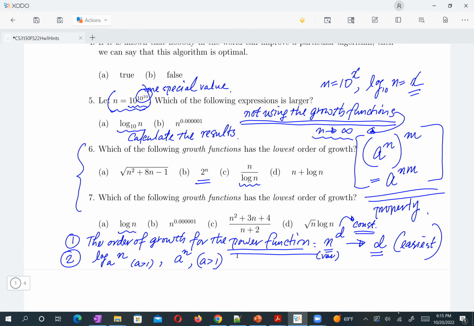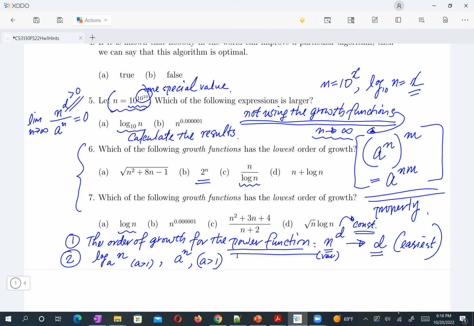Now, what are those two? One is the limit as n goes to infinity of n to the dth power over a to the n. Its limit is 0 for any positive D, no matter how large it is.